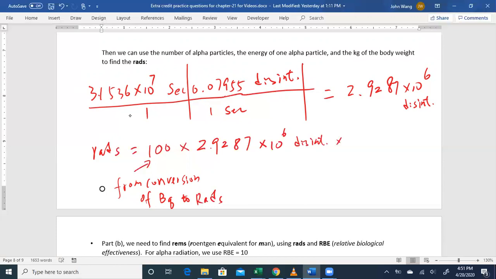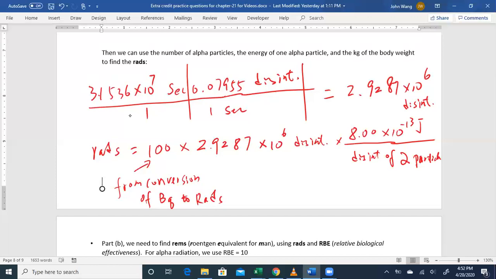For every disintegration of an alpha particle, which is information given in the question, it will produce this much joules of energy.